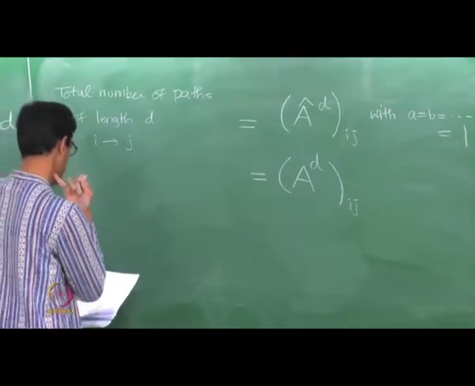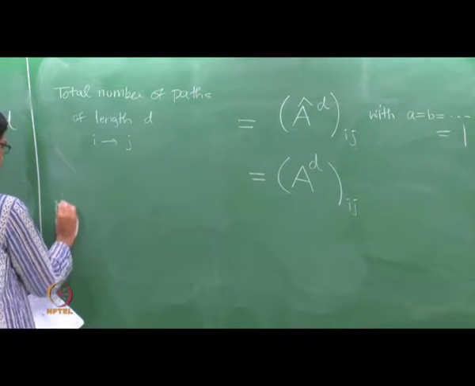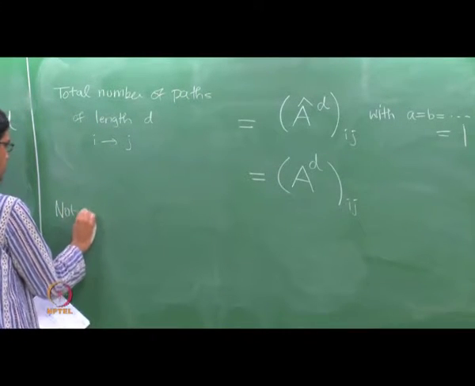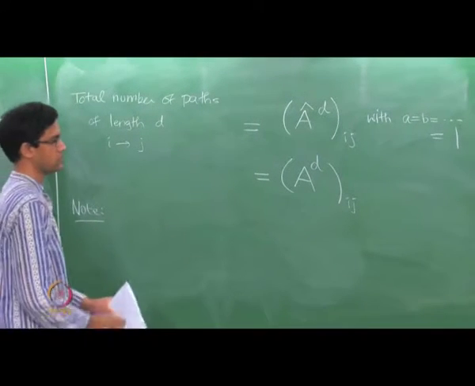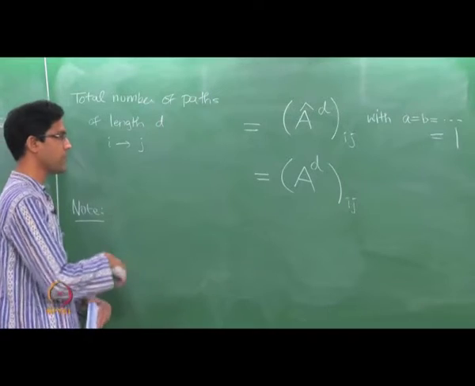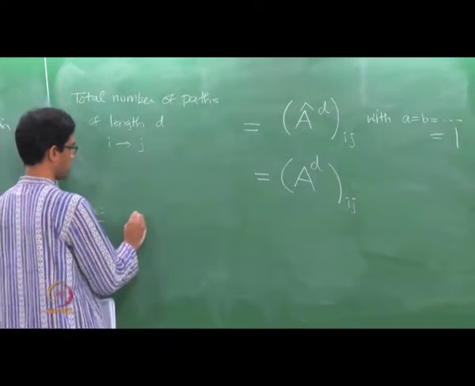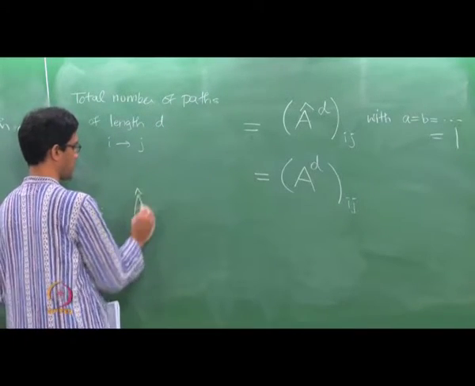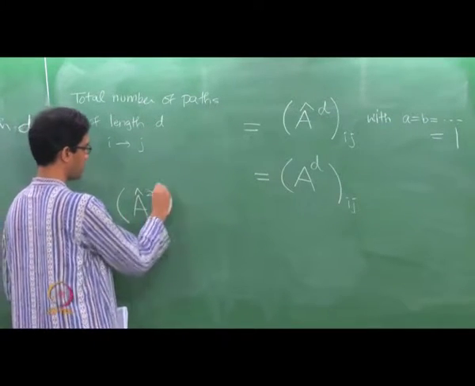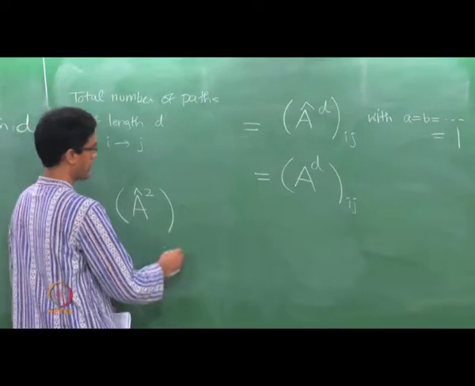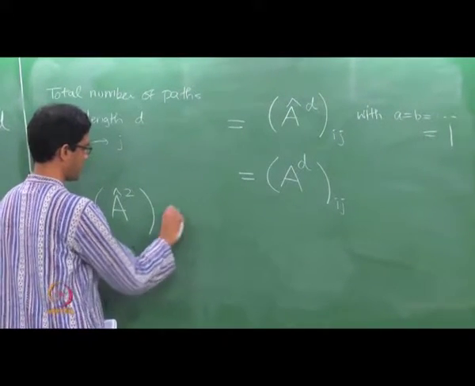The other point I want to make here is about the non-commuting nature of the variables, which has the following consequence. Suppose I take A hat squared, the thing that we were trying to do, which I called B hat, and I compute the 1,3 element.